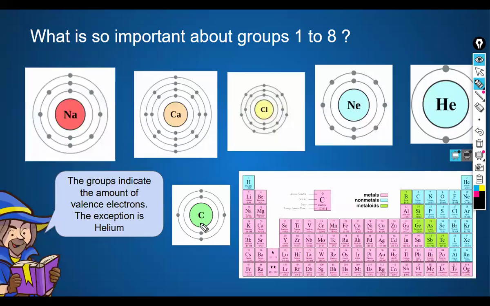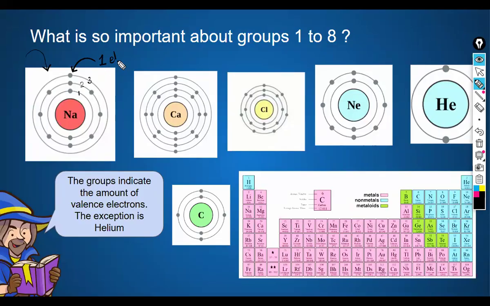If we were to draw all the atoms, let's say that we were to draw sodium. Remember earlier I showed you all how to draw sodium. You all remember how many orbits or shells sodium had? It had 1, 2, and 3, so it had 3 shells. On the last shell, you all notice how many electrons it had?